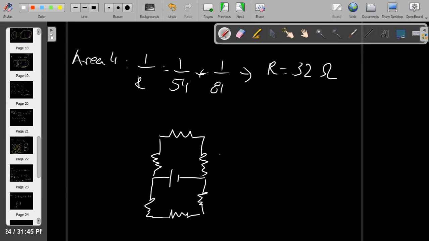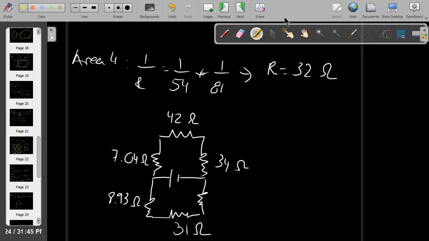So we have 34 ohms, 42 ohms, 7.04 ohms, 8.93 ohms, and then we have the 31 ohms. So we have simplified somehow, but we are not done yet simplifying.